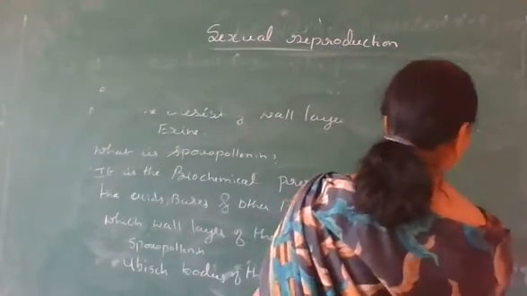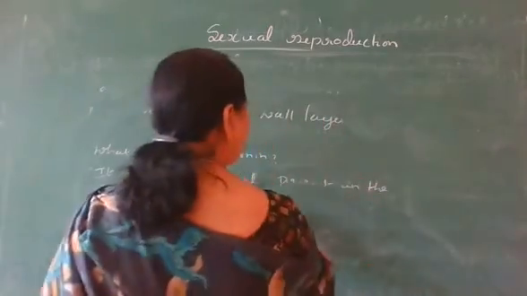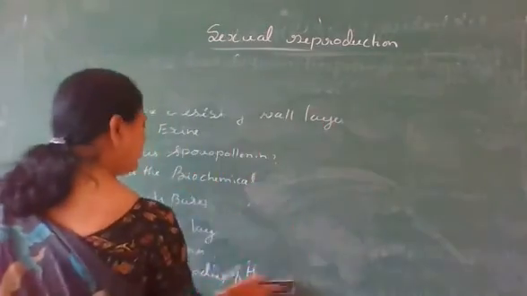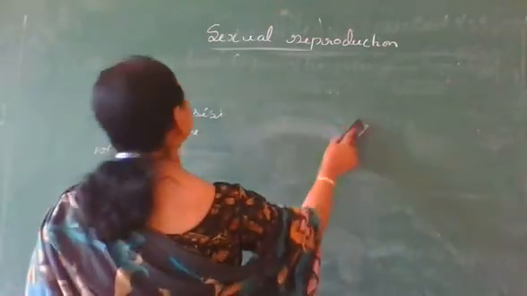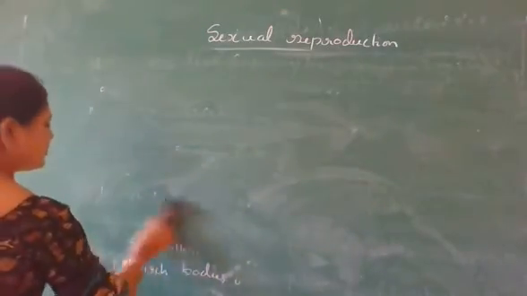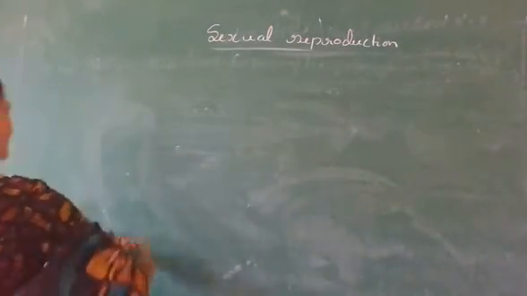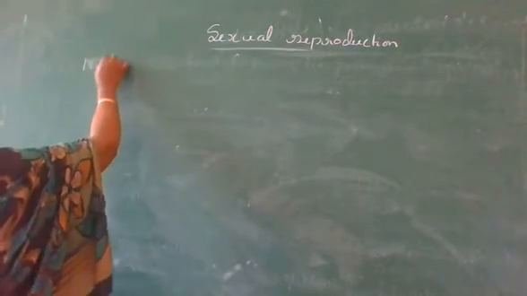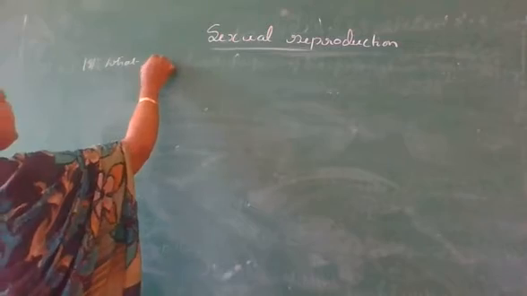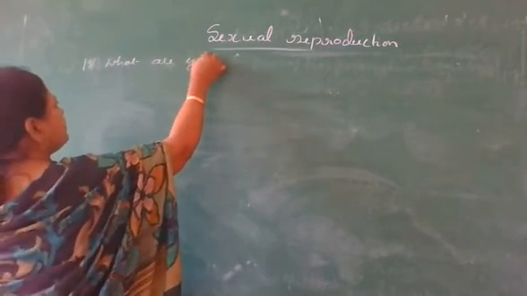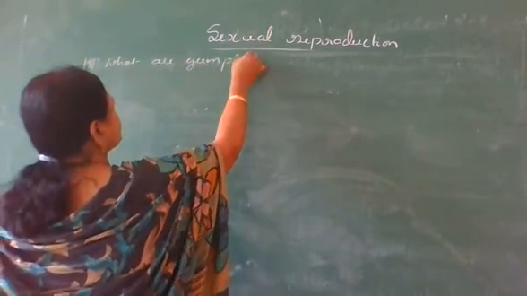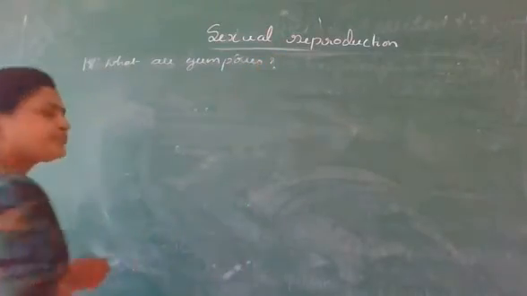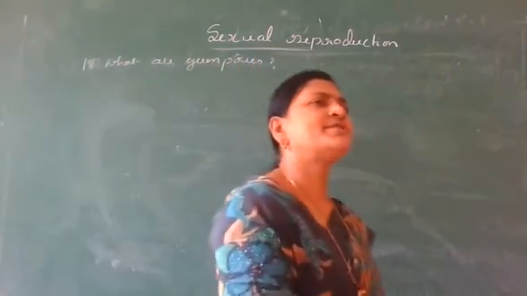Somewhere in the exine, the sporopollenin is absent. What are those pores called? Yes, germ pores. Next question, what are germ pores?